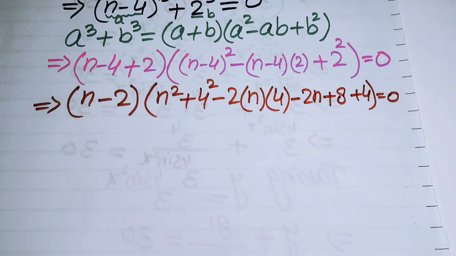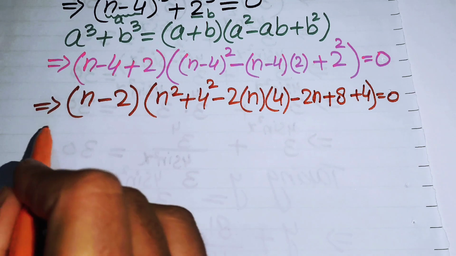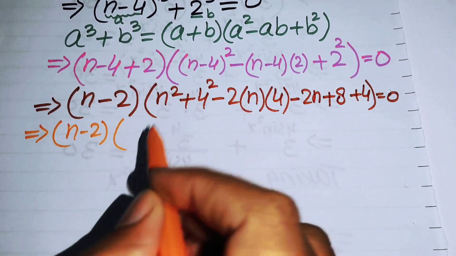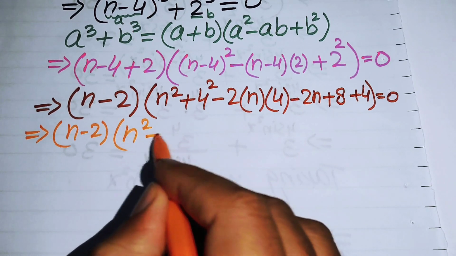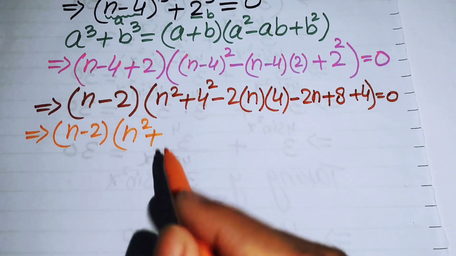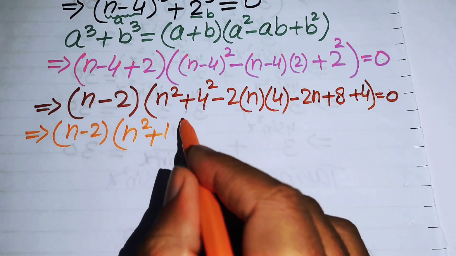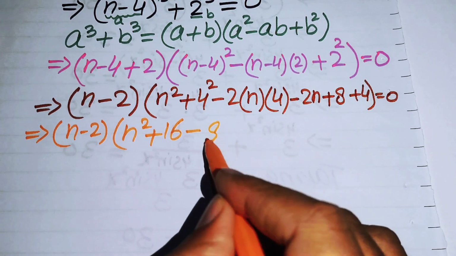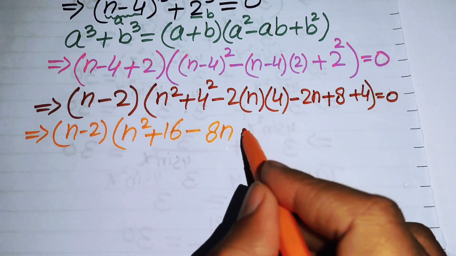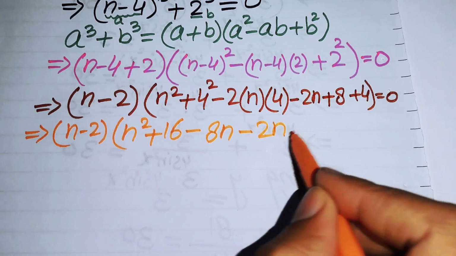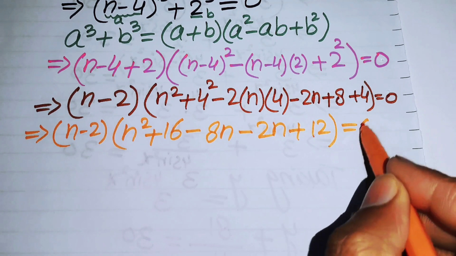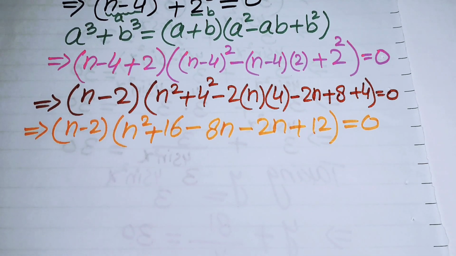So in the next step we need more simplification, and the simplifications are (n minus 2) times (n squared, plus, you see here we have 4 squared, and 4 squared equals 16, and minus 2 times 4 equals 8 times n, and minus 2 times n, and 8 plus 4 equals 12), and this whole equals 0.